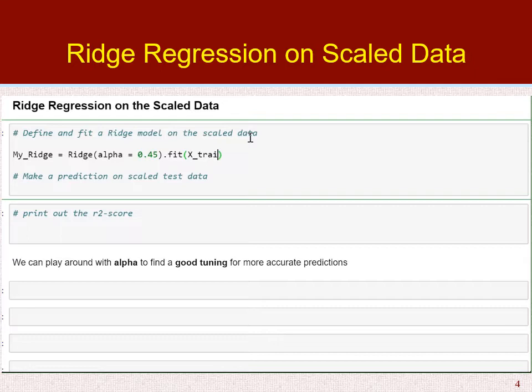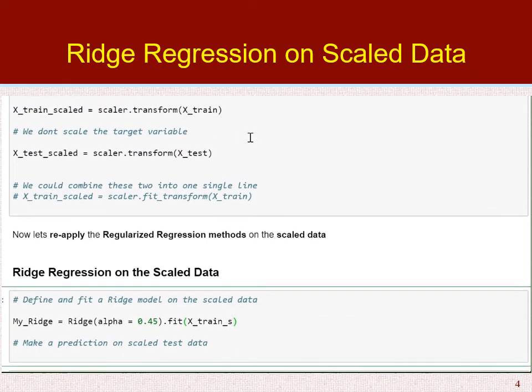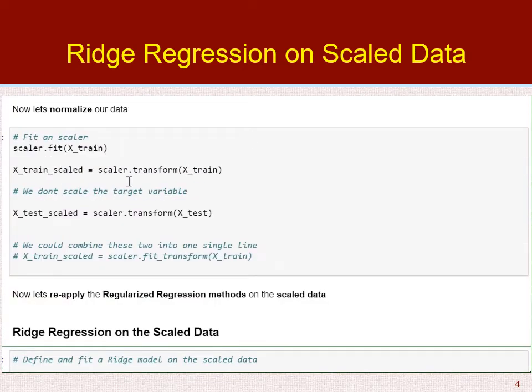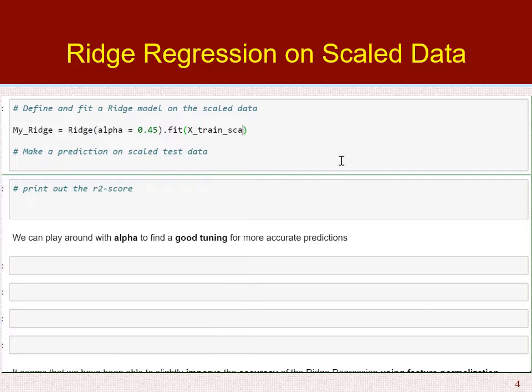So X train scaled. I'm going to make sure that I use the proper spelling. And then also y train. Since we don't scale the target variable, we're just going to use y train.